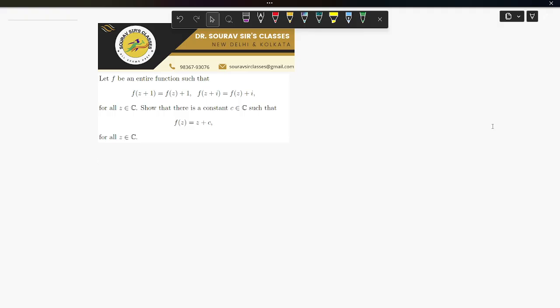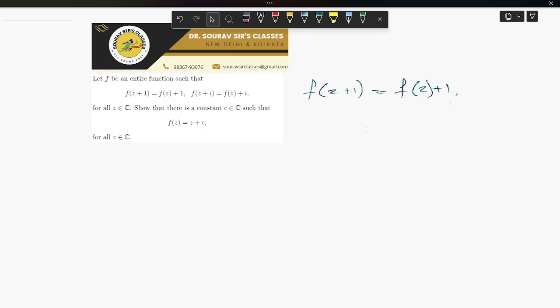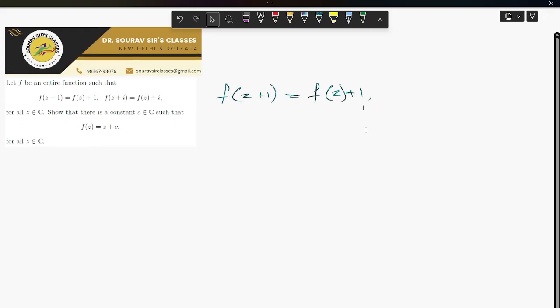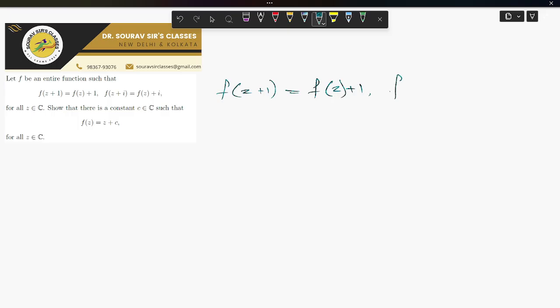So we are given an entire function f satisfying the given functional equations, which are f of z plus 1 is equal to f of z plus 1, and f of z plus i is equal to f of z plus i.